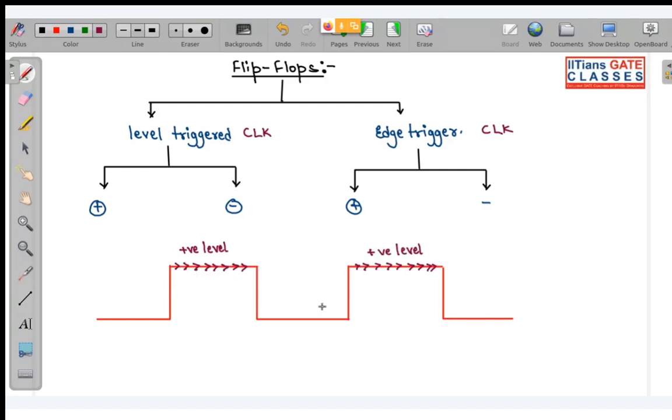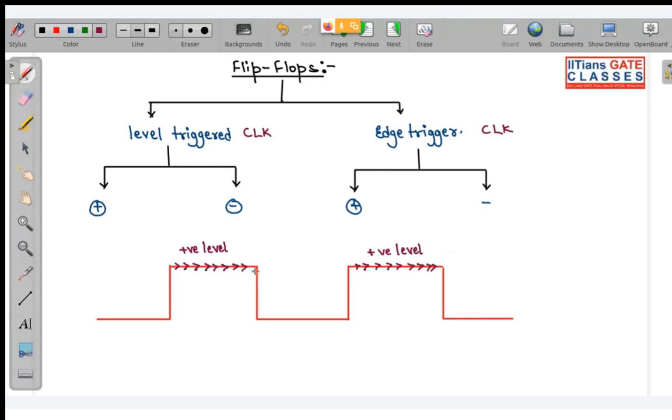While at this negative level, your flip-flop will hold the state of the positive level.